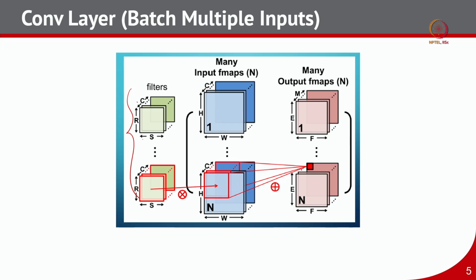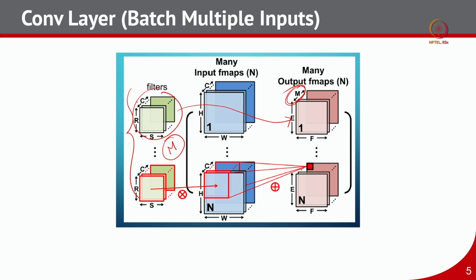Because the input feature map has C channels. The input feature map size is H by W. Since we have M filters, we have M channels in the output feature map. Each filter corresponds to one plane, or one channel, of the output feature map.